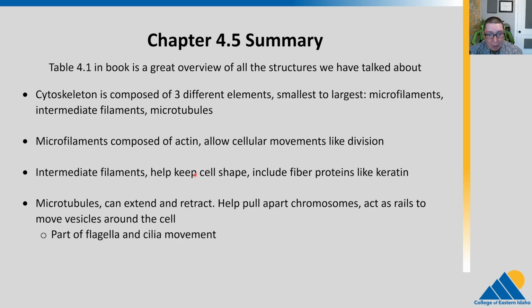Intermediate filaments help keep the cell shape. They're fiber proteins like keratin. Then our microtubules, they can extend and retract to do things like help pull chromosomes apart or act like that rail system to move around vesicles. They form parts of the flagella and cilia to help cells move.